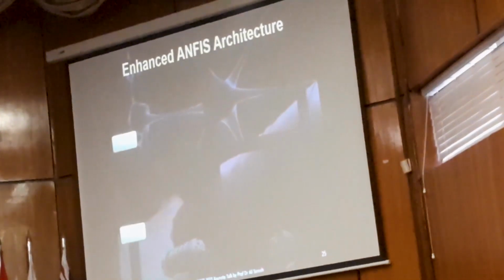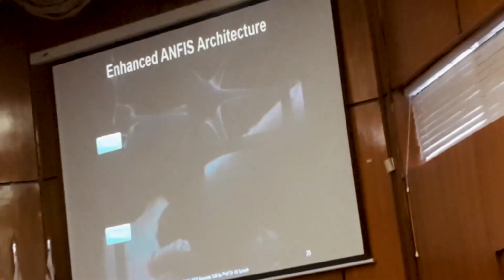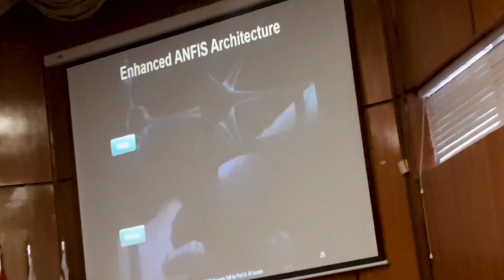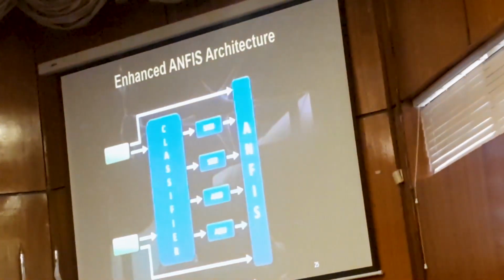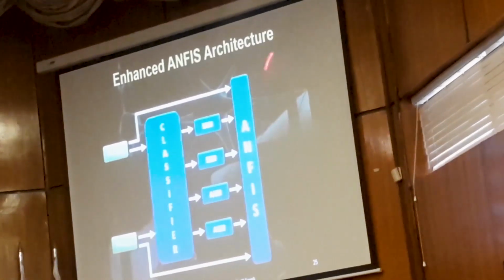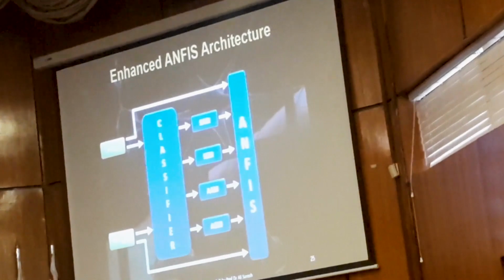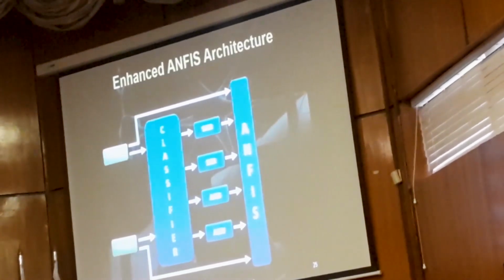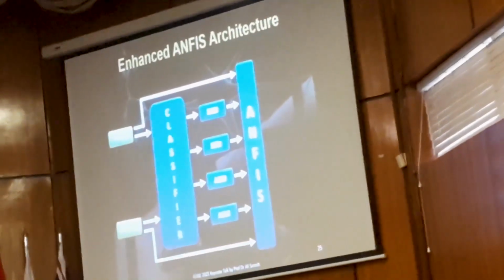Okay, but this architecture had a problem. MFIS is very stable, but it does not work for tactical missile flight. Any students can try that out. So this had to be enhanced, and the enhancement was that the input was passed simultaneously to the MFIS learning process and also to an intelligent classifier. Based on the same set of inputs, we had trained the classifier to first classify the tactical system into its own specific textual category.